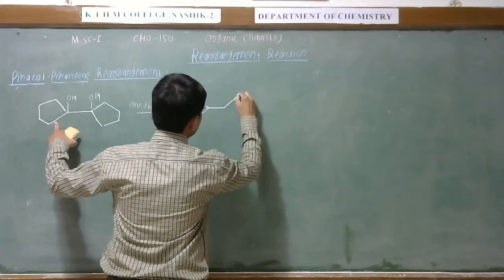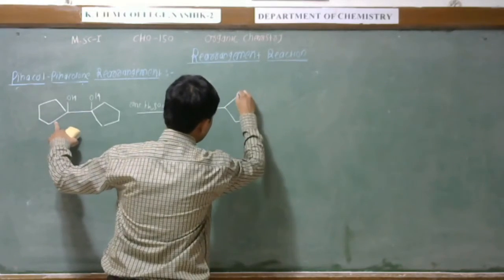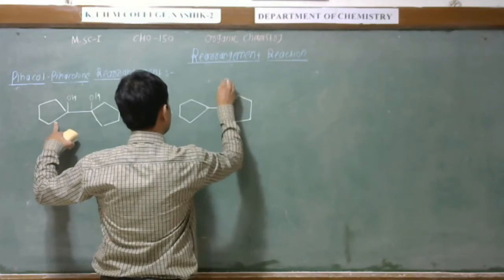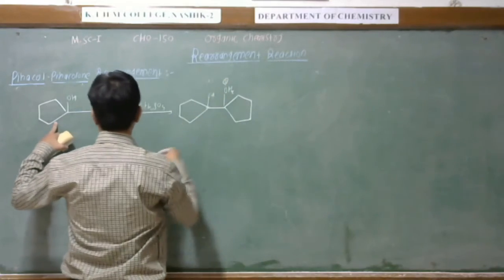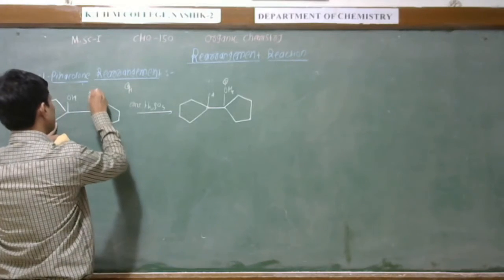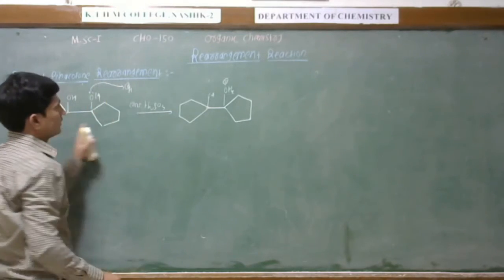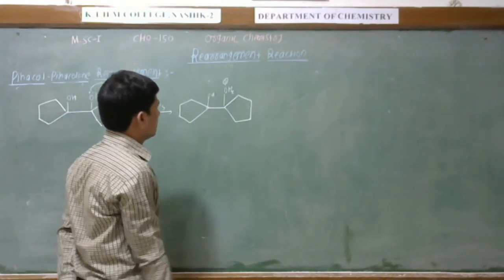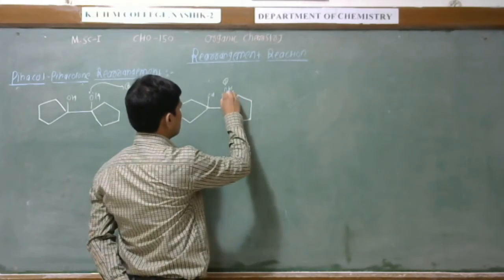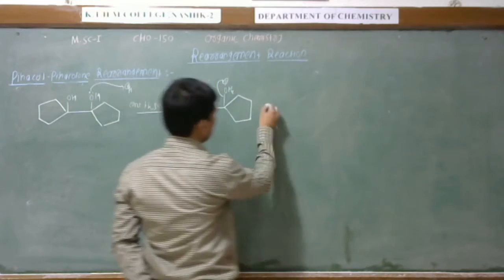See, this is another ring, and here is the OH2 plus, this is the good leaving group here, because the sulfuric acid gives H plus ion, the lone pair will be attacked here, and here will be the formation of a good leaving group. So in this case, water will be removed here.